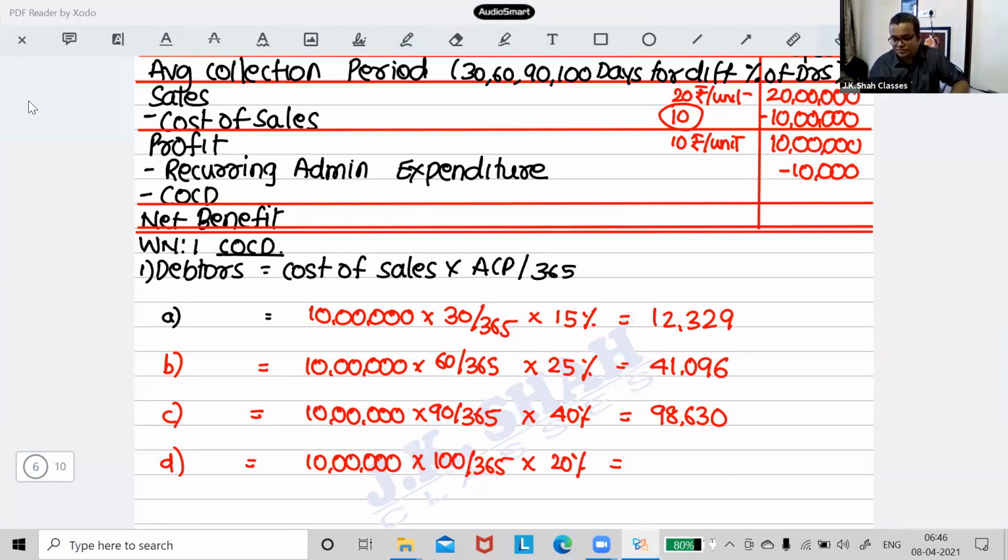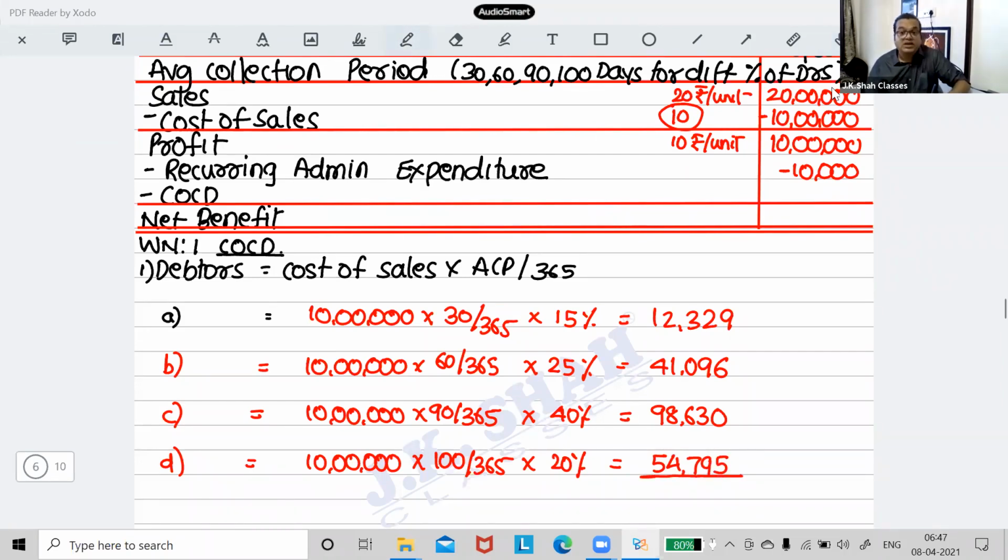Answer came to 54794.5. So let's make it 54795.